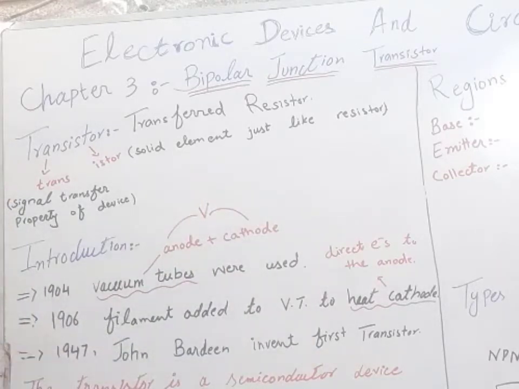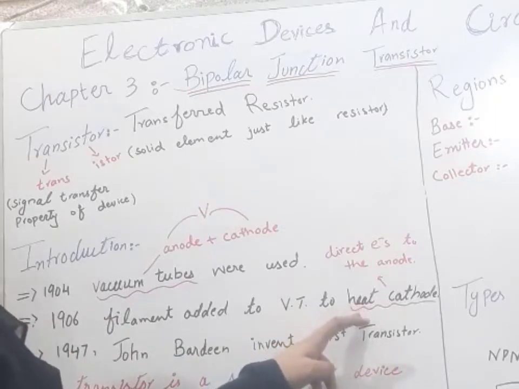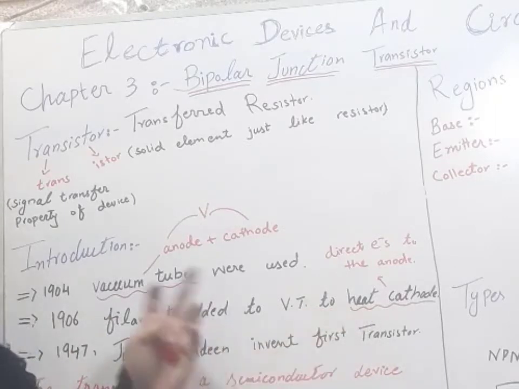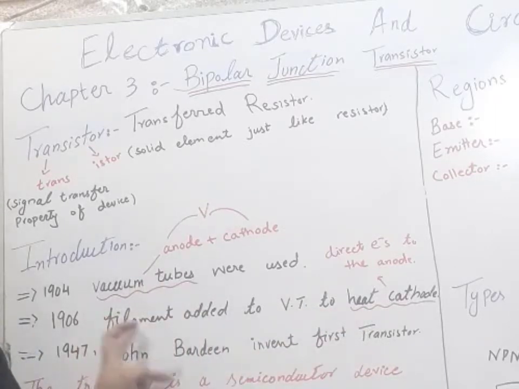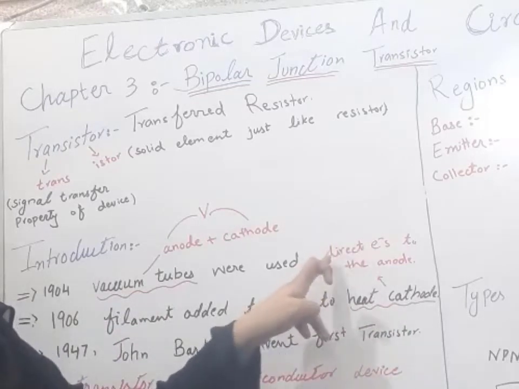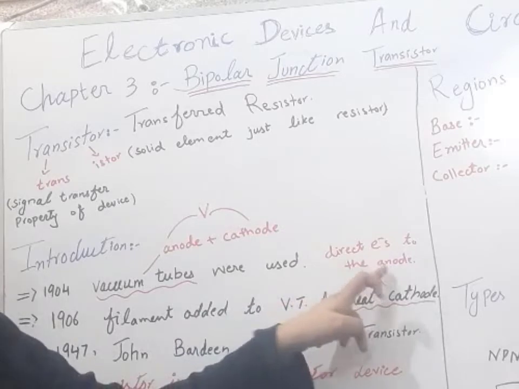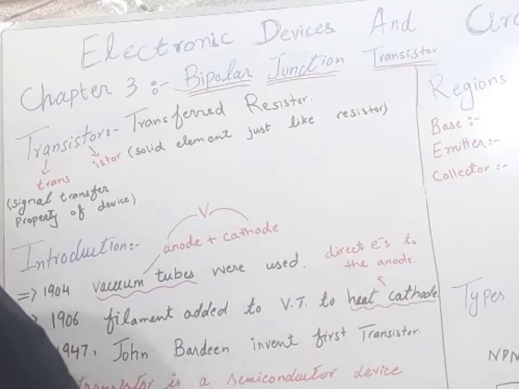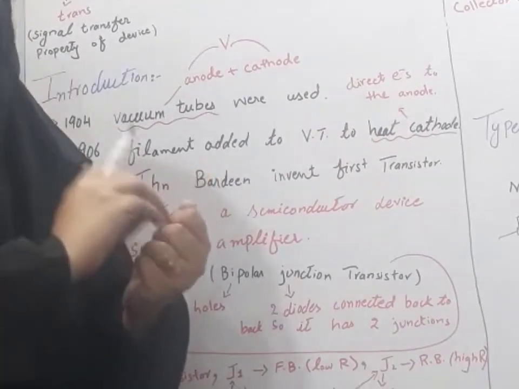In 1906, a filament was added to the vacuum tube to heat the cathode. The filament heats the cathode, and the electrons move from cathode to anode.